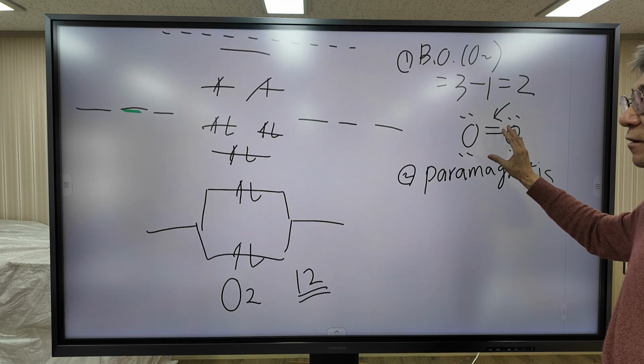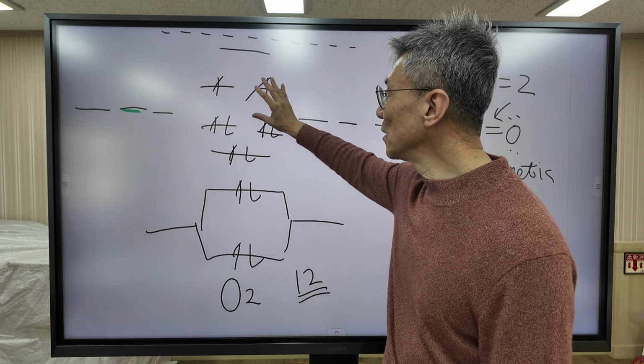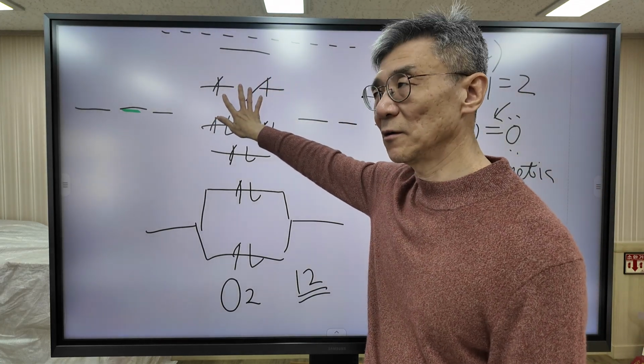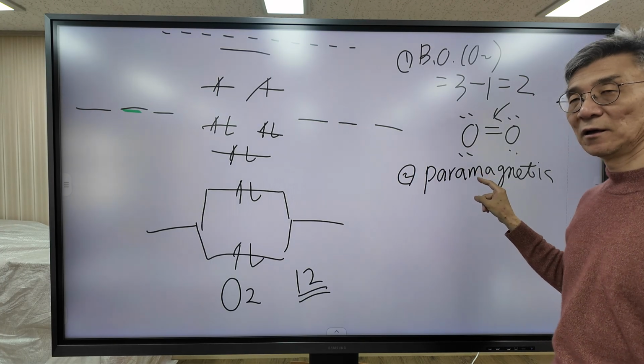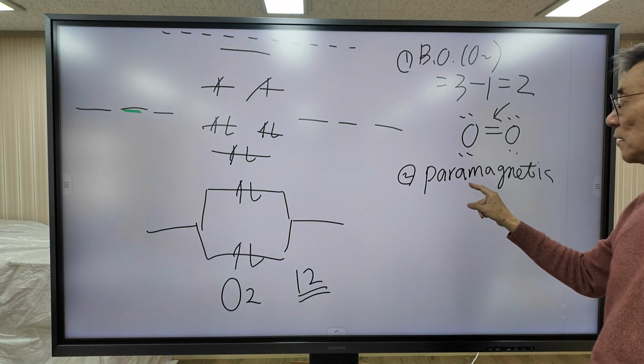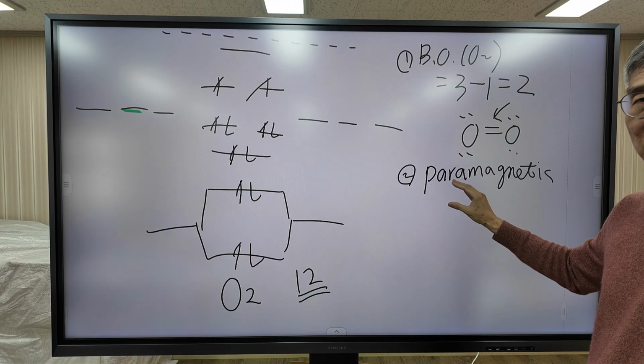But when you look at the MO diagram, paramagnetic. According to experimental observation, O2 is paramagnetic. It is very excellent. The MO diagram can successfully explain the experimental observation.